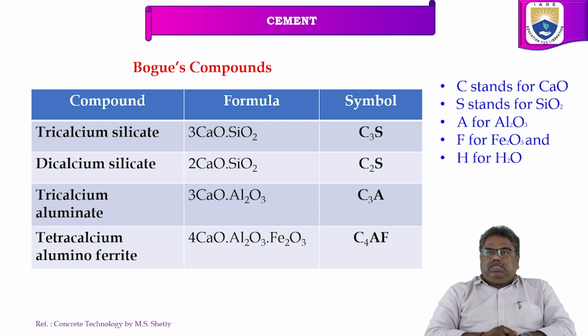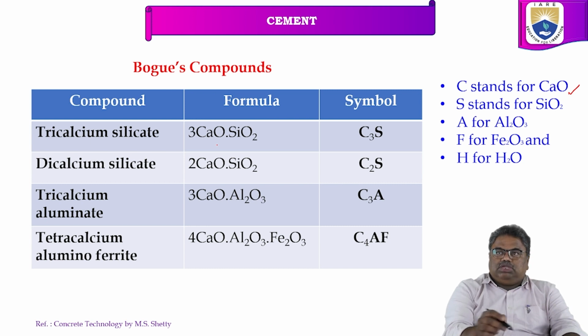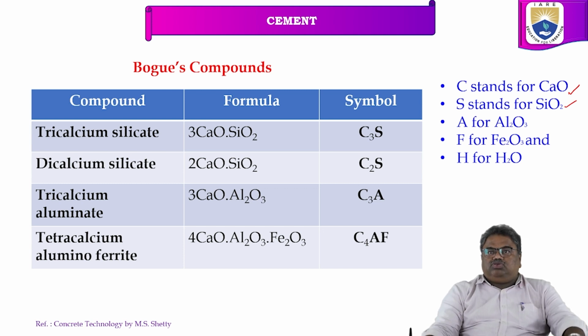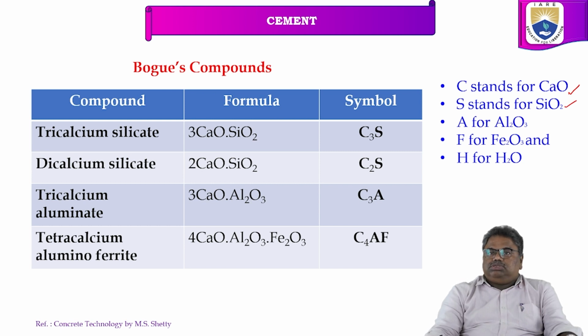How have they given these names? C stands for CaO, as in 3CaO·SiO2, and S stands for SiO2. Similarly, they have given the symbols based on the formula.